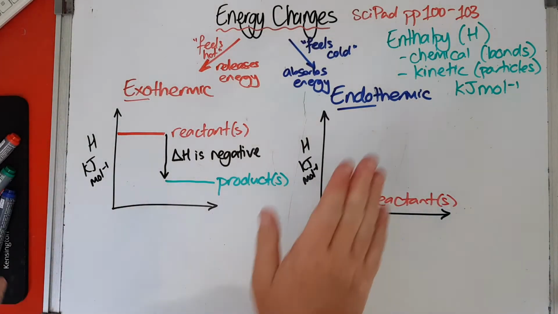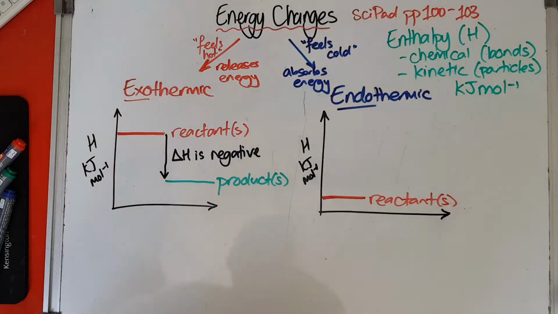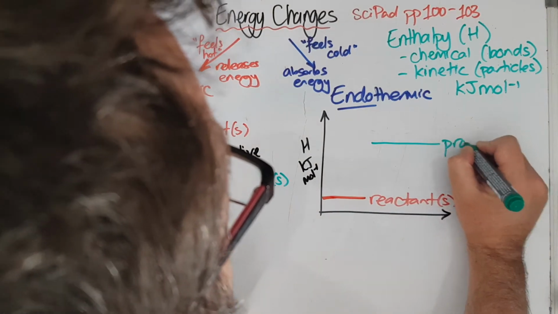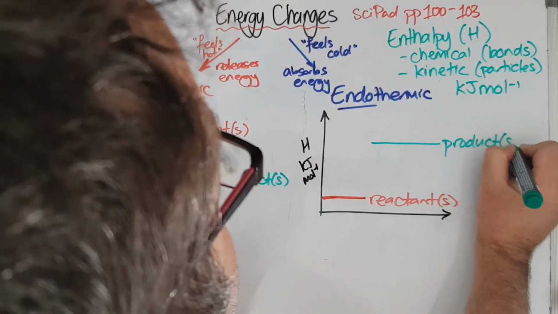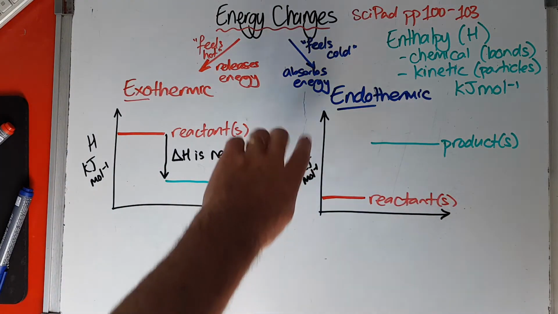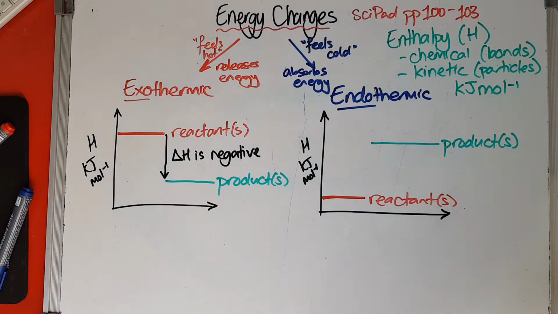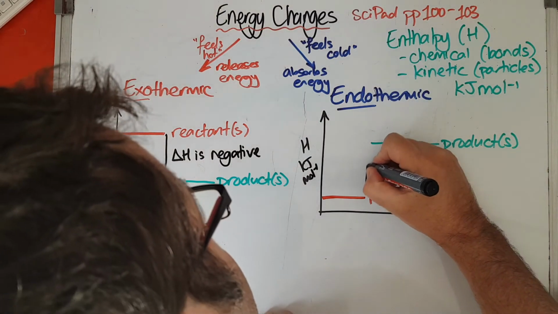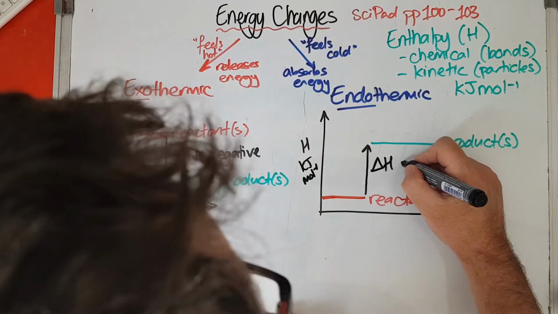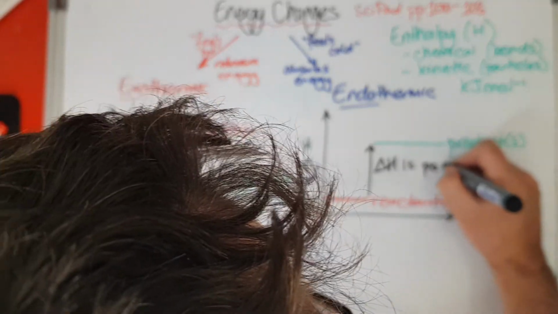Then you pump energy in, they absorb energy and they react, and they end up with products with a much higher energy level or enthalpy. So we can see there that the enthalpy, if this is our enthalpy axis here, has clearly gone up. So our change in enthalpy is positive.